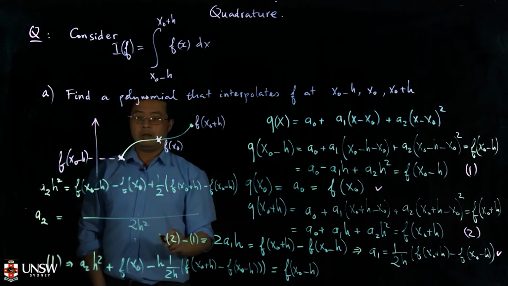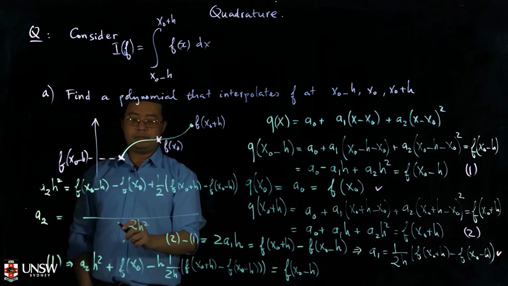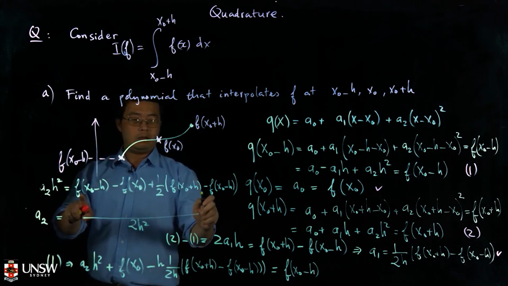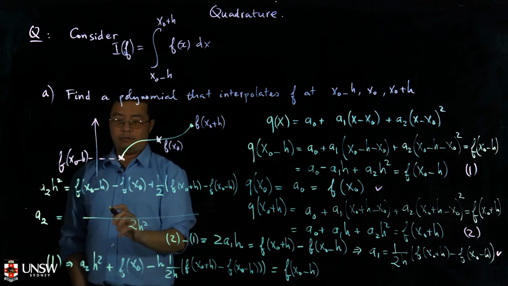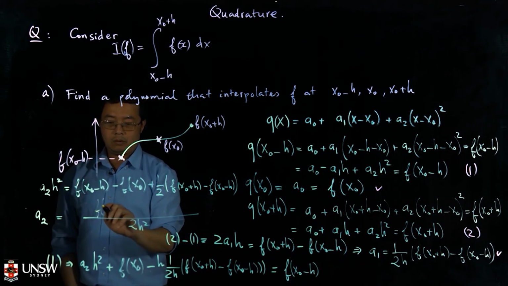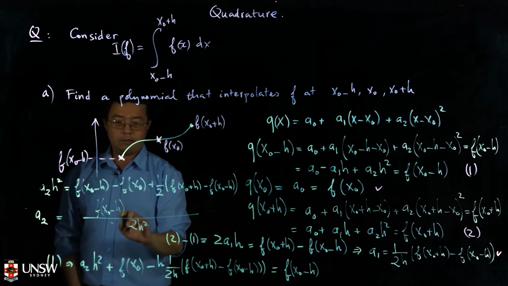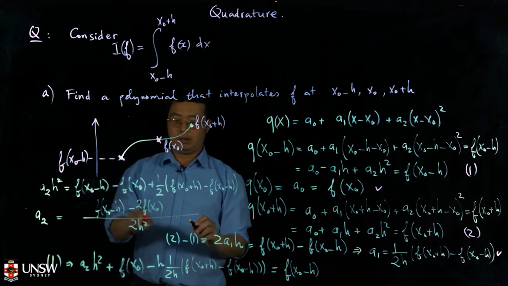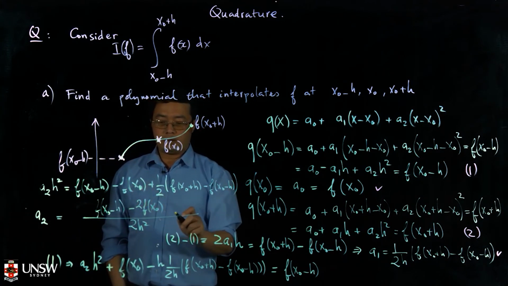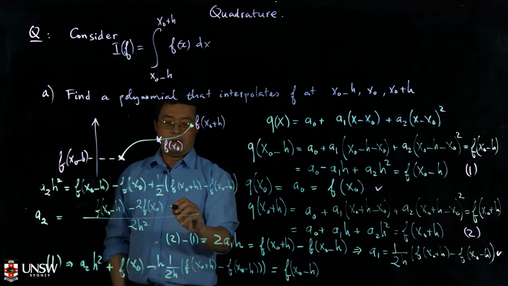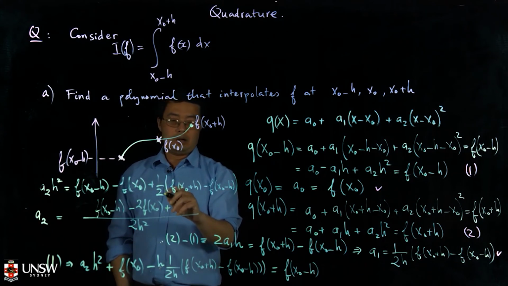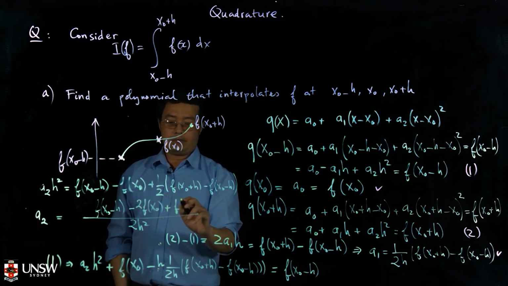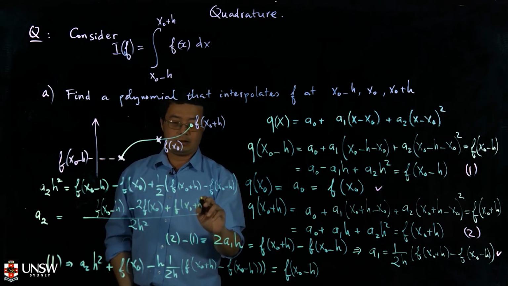then you have 1/2 of f(x0 minus h) minus 2f(x0), because this one becomes f(x0), and then plus 1/2 f of x0 plus h.